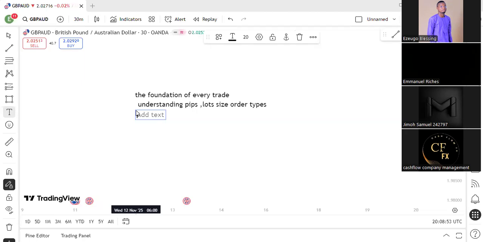Now, what is pips? Pips is the smallest unit of price movement in a currency pair.